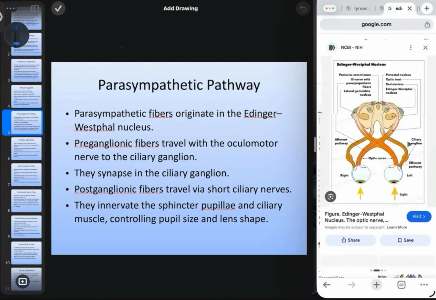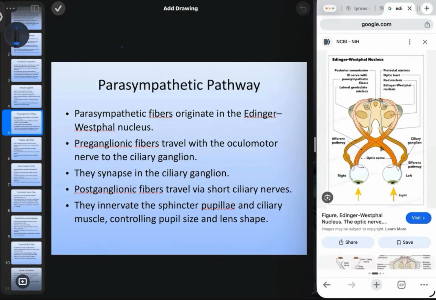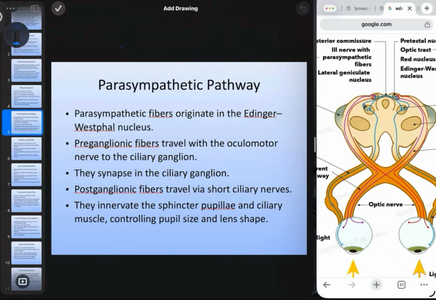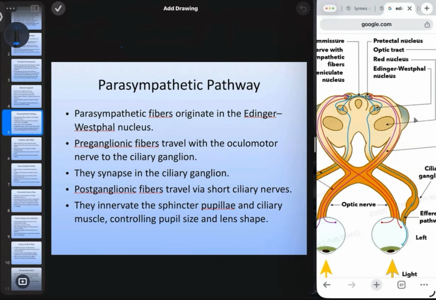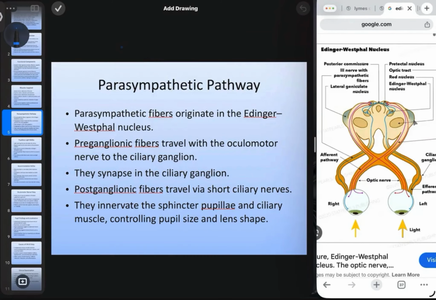All right. Okay. So the parasympathetic fibers originate in the Edinger-Westphal nucleus in the midbrain. You can see the midbrain right here, and this is your midbrain. It's a transverse section of your midbrain. These preganglionic fibers travel along with the oculomotor nerve, and they synapse in the ciliary ganglion region within the orbit.